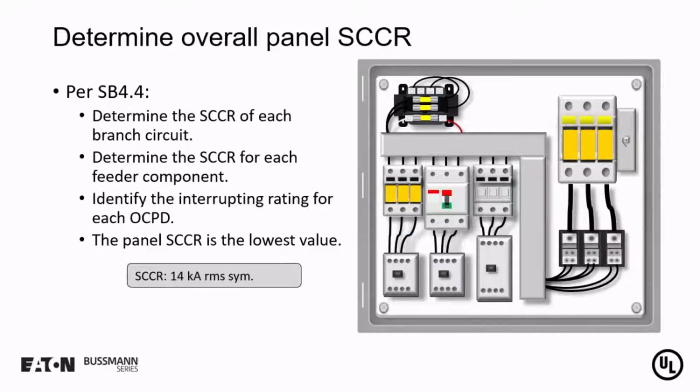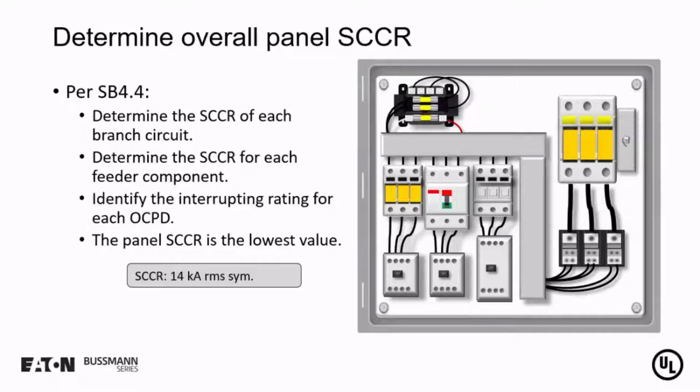And then finally we come to our conclusion, which is the overall short circuit current rating of the panel. In this case, we have a rating of 14 kA RMS symmetrical. It's probably a very low rating compared to what the customer needs, but that is what we concluded based on an analysis of each individual branch circuit and feeder, looking at the overcurrent protective devices and their interrupting ratings.